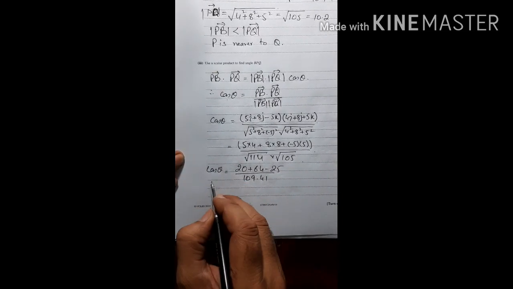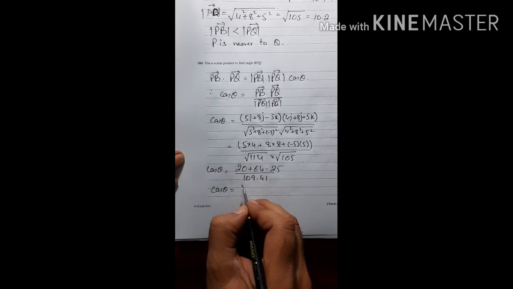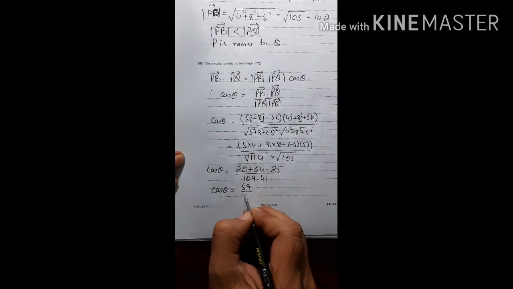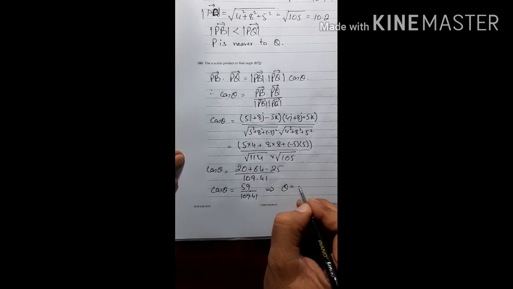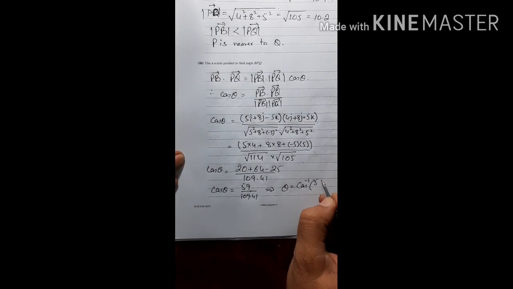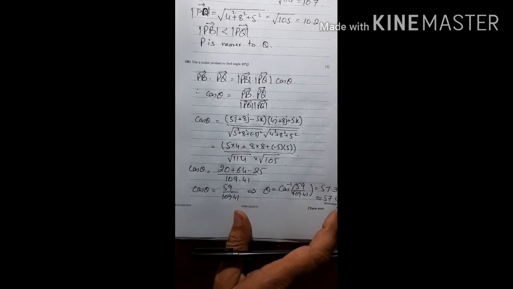So cos theta will be finally 59 over 109.41. This will become theta is equal to cos inverse 59 over 109.41, which is 57.366, which can be equal to 57.4 to three significant figures. This is our answer.